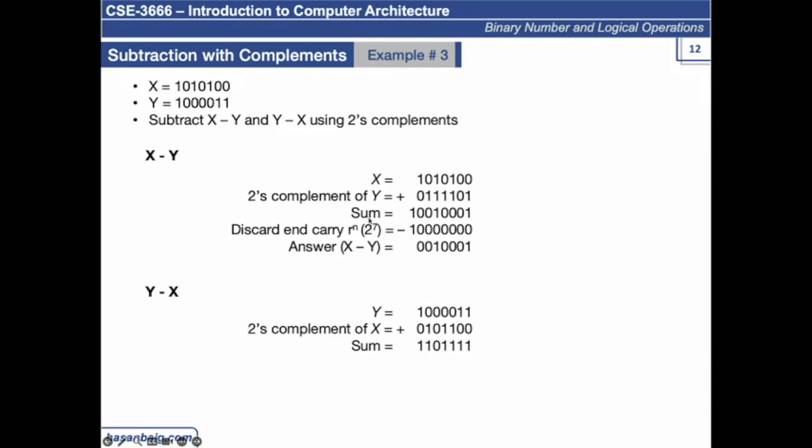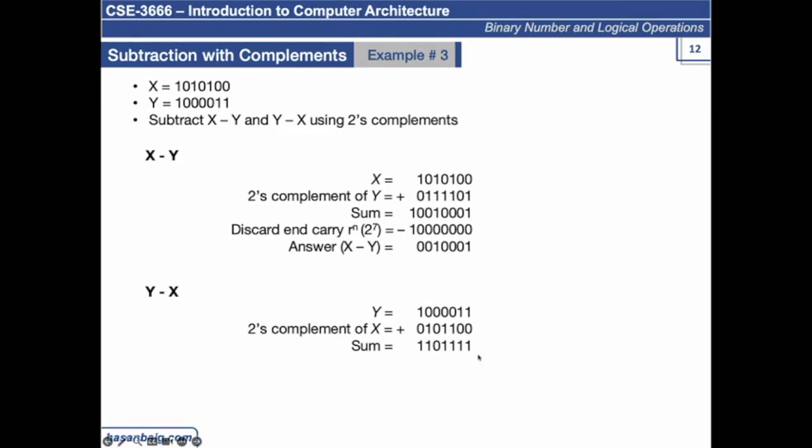By looking at this, y minus x, how do you know that you are subtracting a greater number from a smaller number? You need to understand that this sum must represent a correct value. It's the 2's complement of the actual. Yes, it's a 2's complement, but how do you identify whether it's the correct value or not?